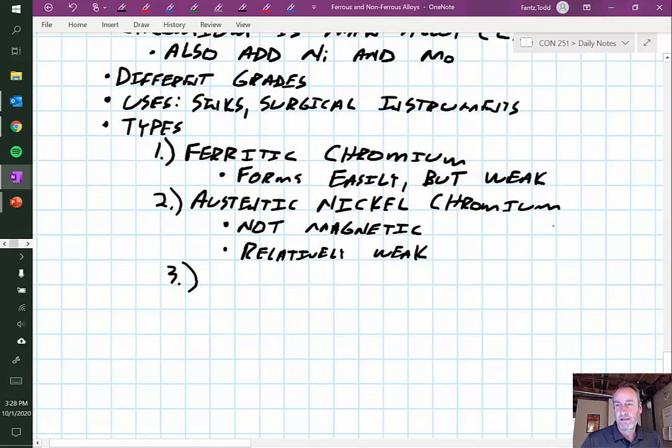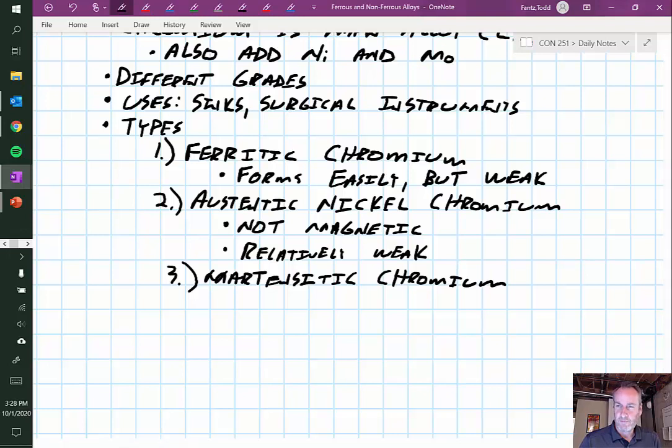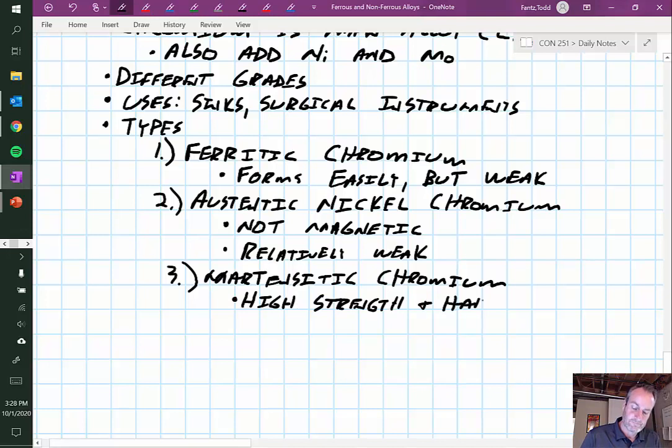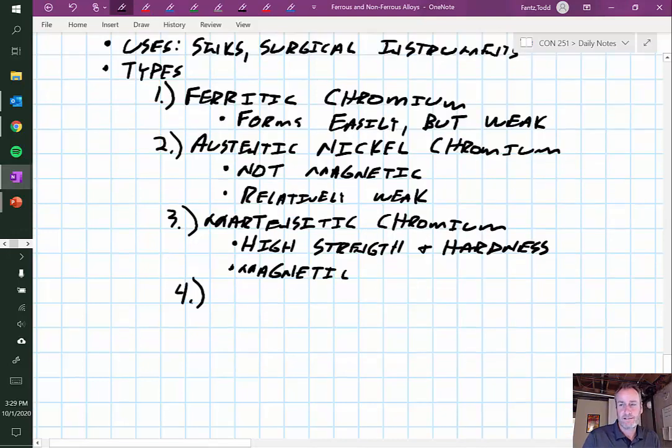A third would be martensitic chromium, or martensitic. And with martensitic chromium, we are talking about a high strength and hardness, and this one is magnetic. And the fourth type of stainless steel is maraging, or also known as a superalloy.